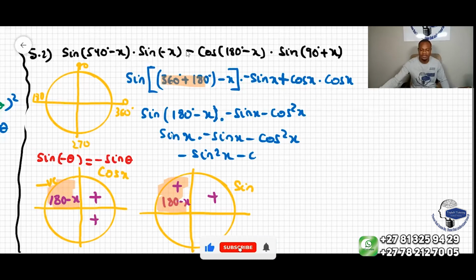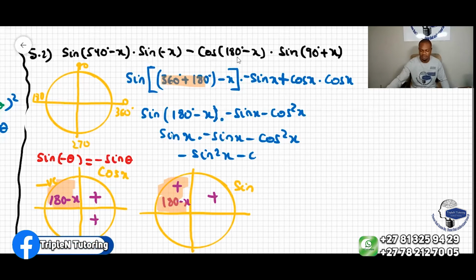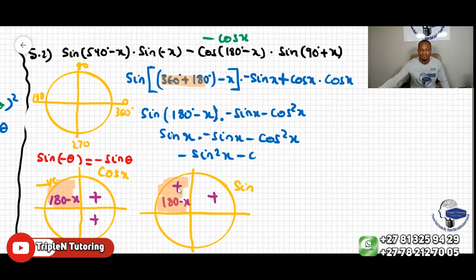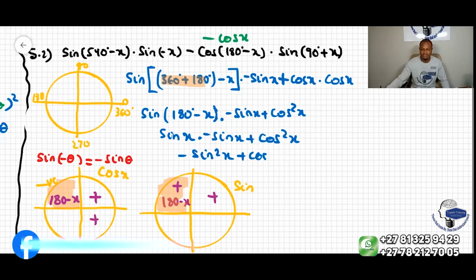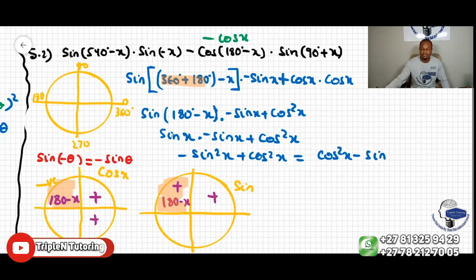So the negative and that negative make positive cos x. Then with this negative, both make positive, which gives positive cos squared x. Now this can be written as cos squared x minus sine squared x.